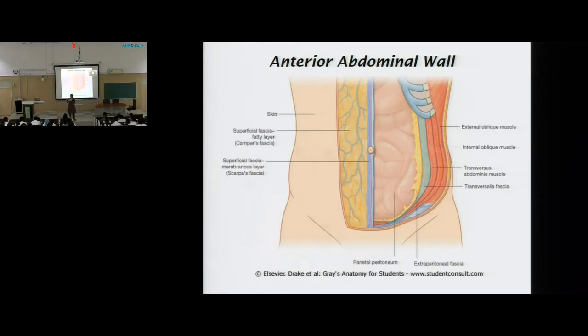This part is covered by one membrane called the perineal membrane. It is attached on the pubic arch on both sides, and the posterior border of this membrane is free.